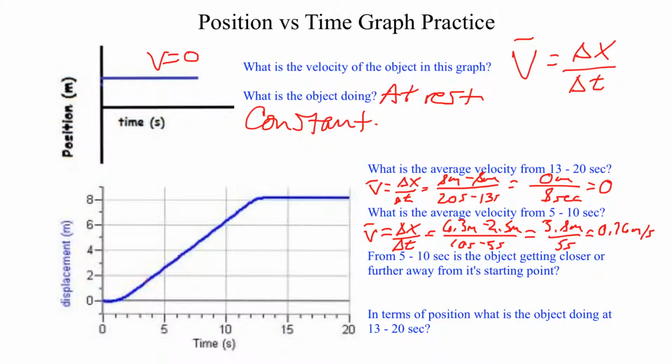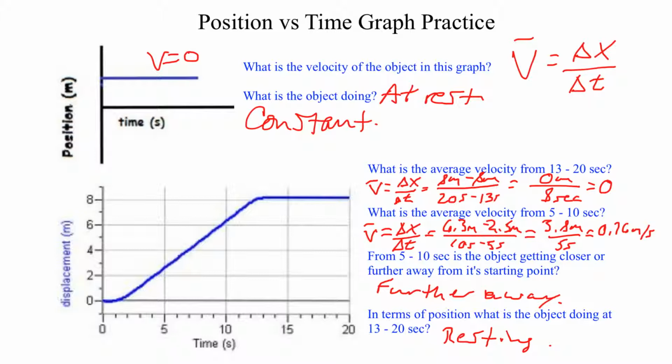But this one is moving away from where it started, so this one is definitely getting further away. And then in terms of position, at 13 to 20 seconds, what is the object doing? It's not moving. Very good. So the object is at rest.